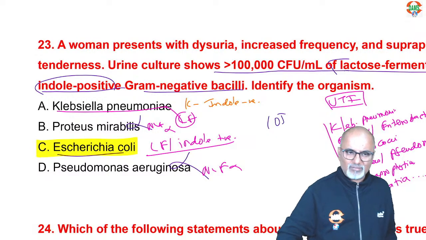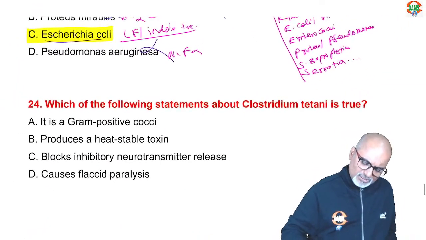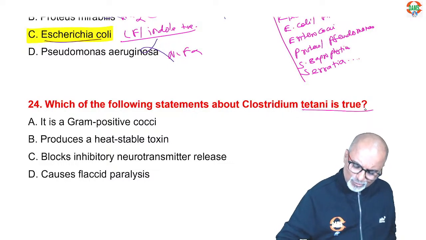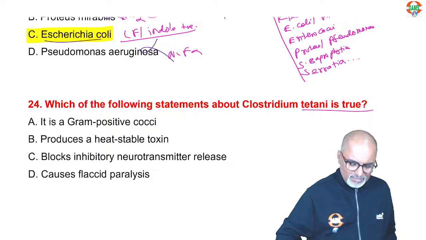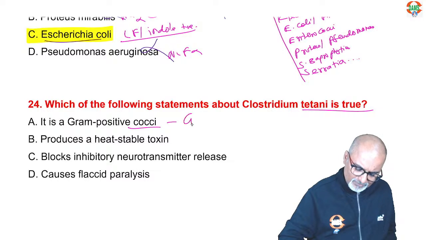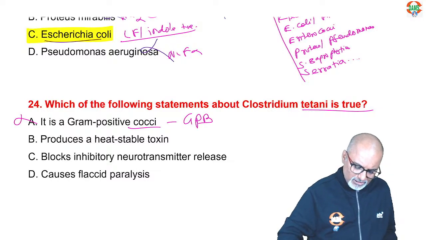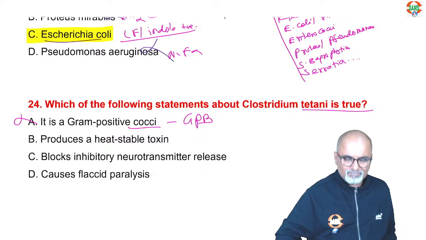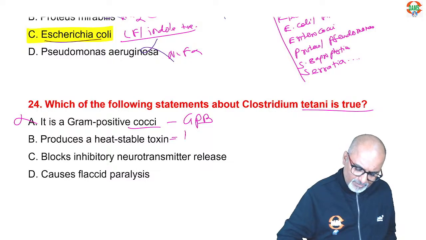Which of the following statements about Clostridium tetani is true? It is gram positive bacilli. Produces heat stable toxin? No, it is heat labile toxin.